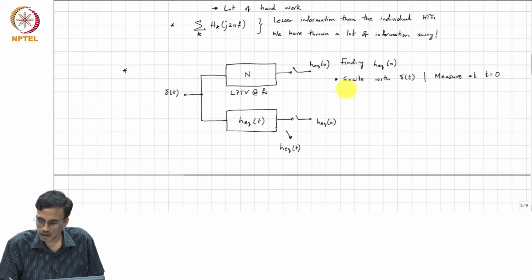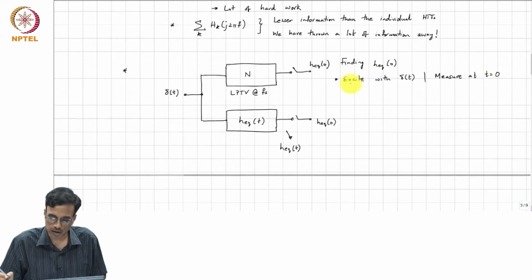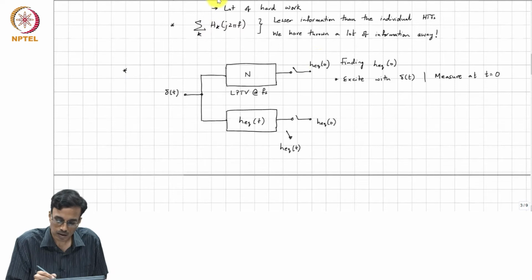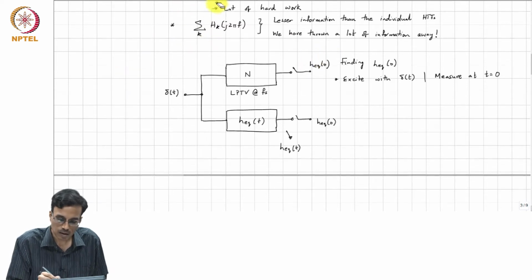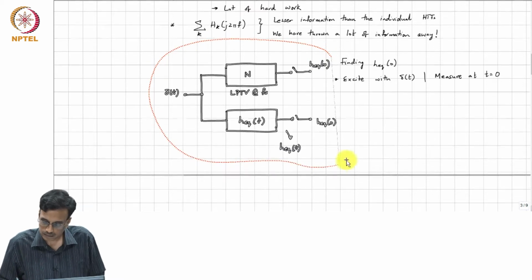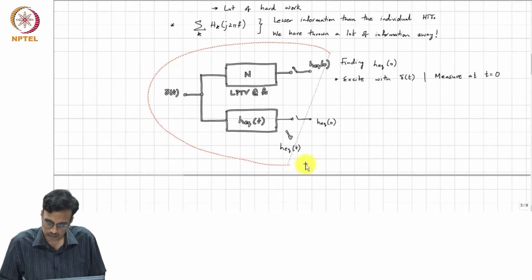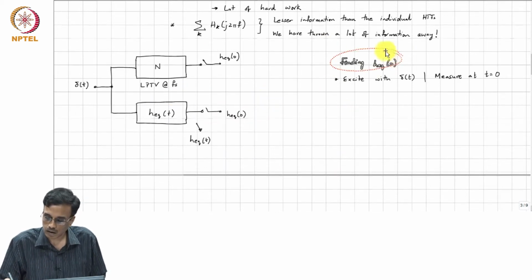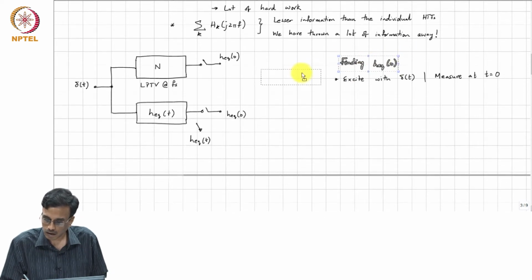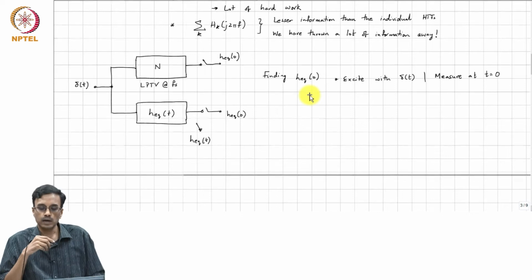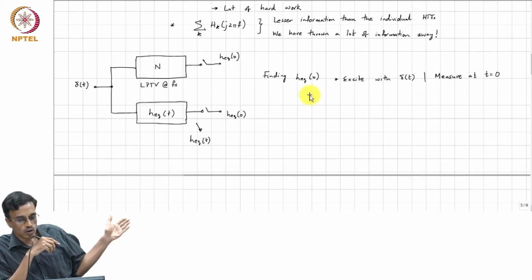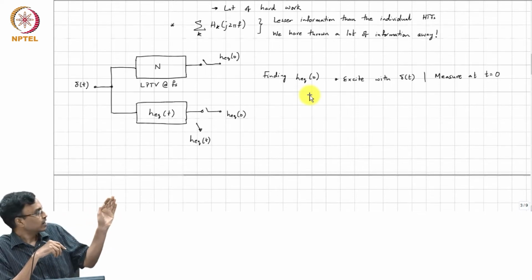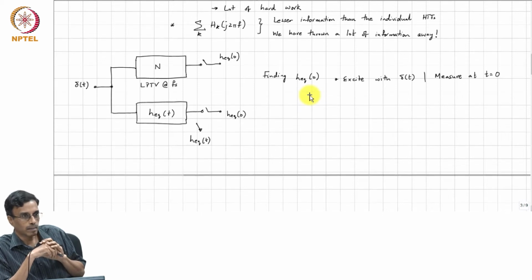Now, let me write this down properly. Right. So, if you want to find H equivalent of 0, you excite the LPTV network with an impulse at t equal to 0 and you measure at t equal to 0, correct.